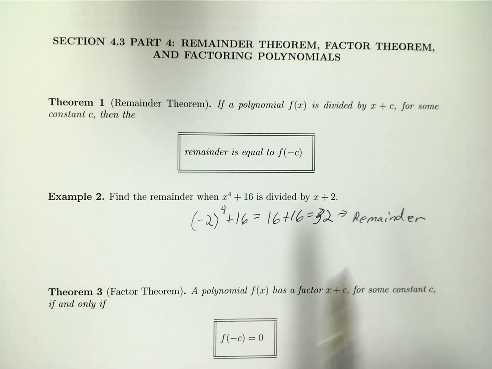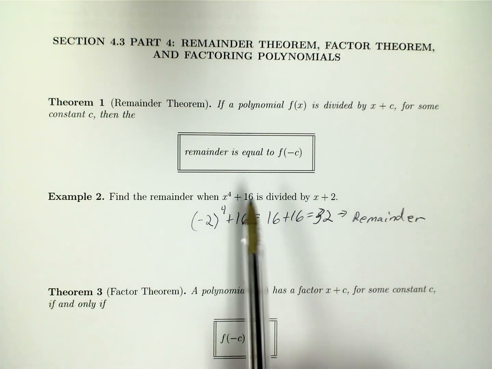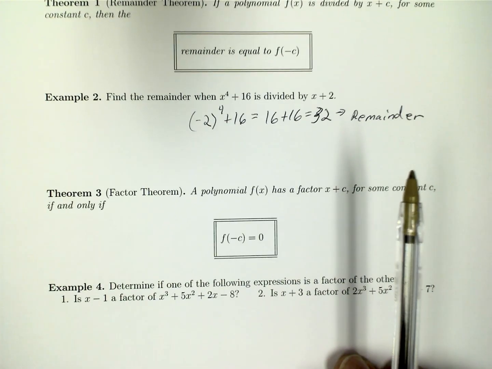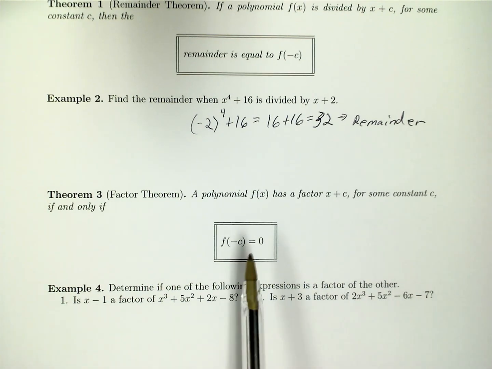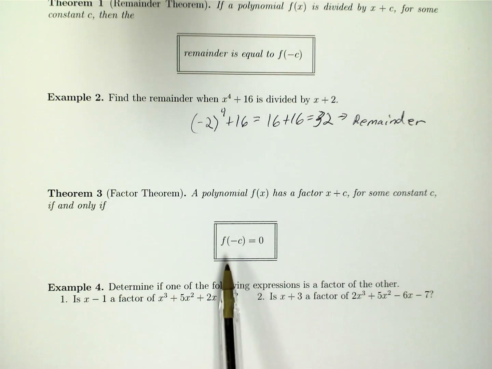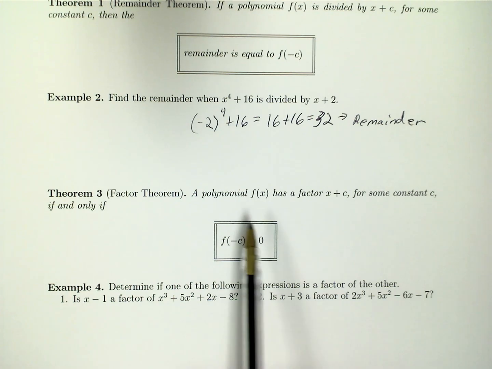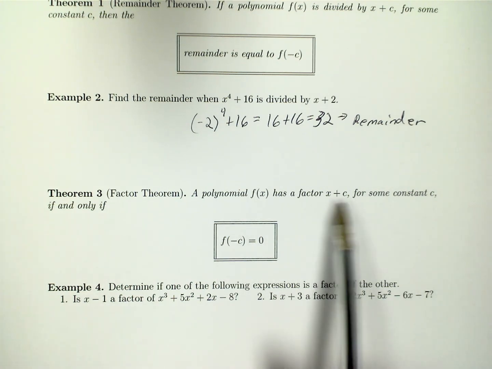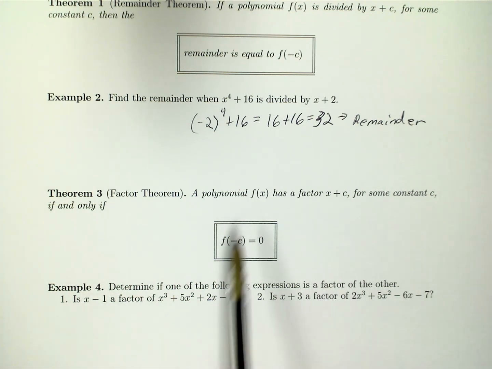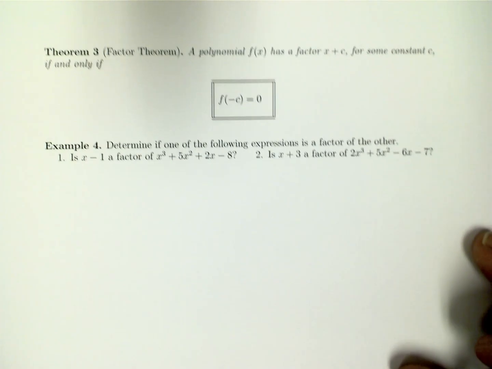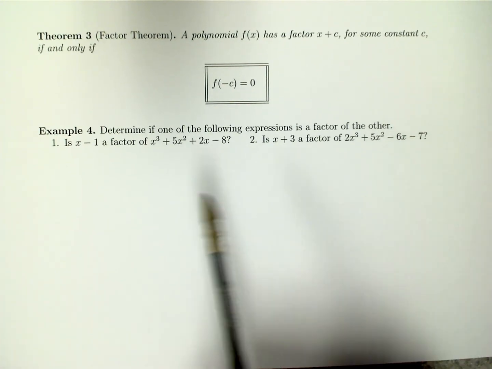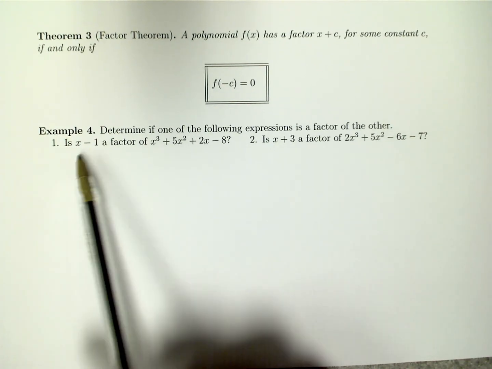So the factor theorem says that if f of x is a polynomial divided by x plus c for some constant c, then x plus c is a factor if when you plug in negative c you get out 0. All right?